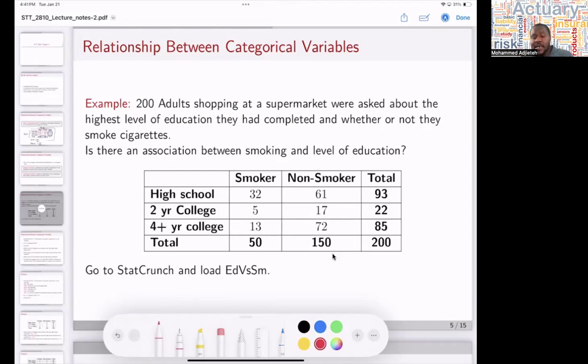This data is available on StatCrunch, so we load this data. But before we do that, let's try to answer certain questions about the data before we get to StatCrunch.